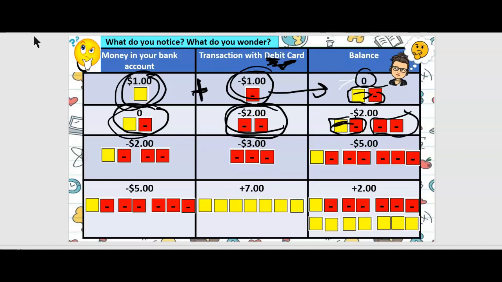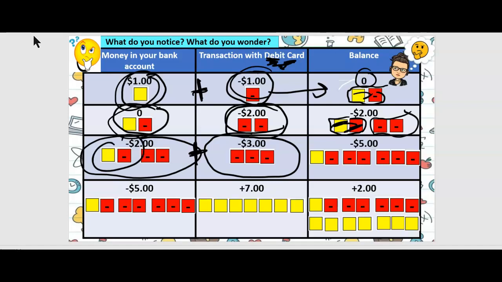And what do we end up with? Cancel out. We have a -2. Let's carry over to the next day. That means you owe the bank $2. Now you buy something else. So now we have a negative plus a negative. You can just see a 2 and a 3 is 5, right? But here's the model.